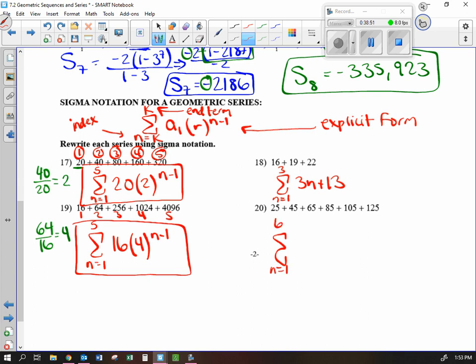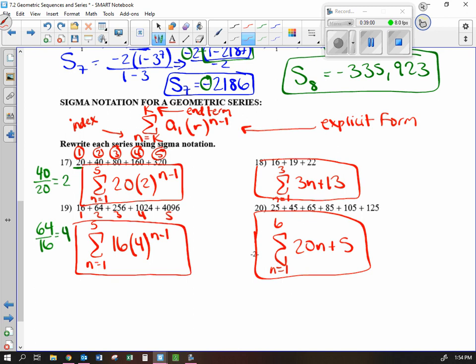So 6 is our n term, and then that's going to be 20n plus 5. And those are both from yesterday, so hopefully you remember what we did from yesterday to do that. Both of these are arithmetic. So I'm going to write that just to remind you guys that 18 and 20 are arithmetic.